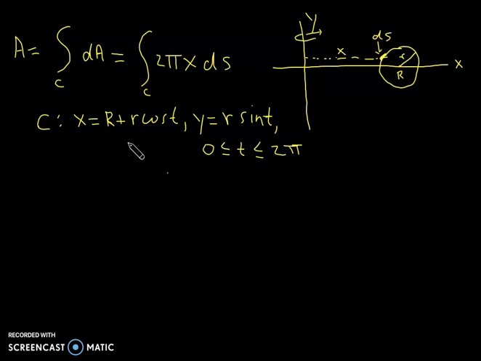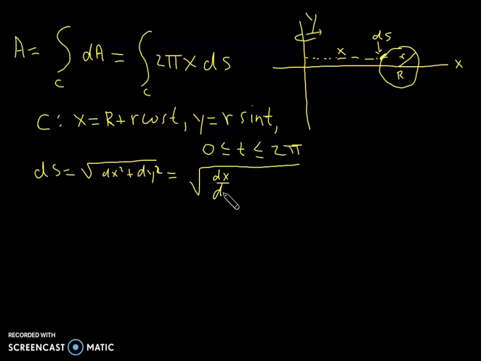And let's go ahead and figure out what ds is. ds is equal to the square root of dx squared plus dy squared, but that is equal to the square root of (dx/dt) squared plus (dy/dt) squared, times dt. I need a square here. Let me put some parentheses in over here too.